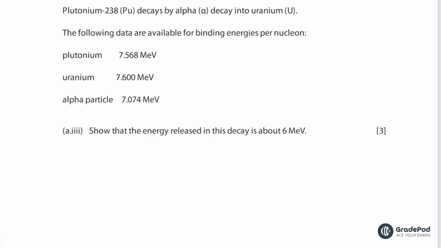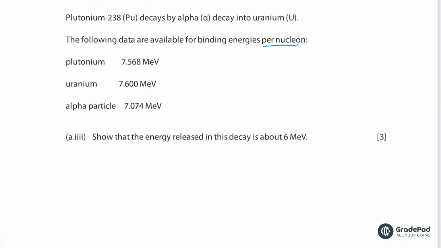Plutonium-238 decays by alpha decay into uranium. The following data are available for binding energies per nucleon. Show that the energy released in this decay is about 6 MeV. Our decay equation then looks like this. 238 plutonium goes to 4/2 helium plus 234 uranium. We know that helium, or the alpha particle, is 4/2 helium, and then we've just worked out that this is 234.